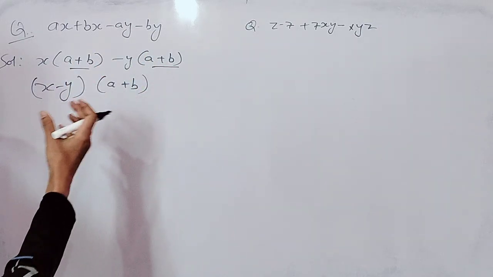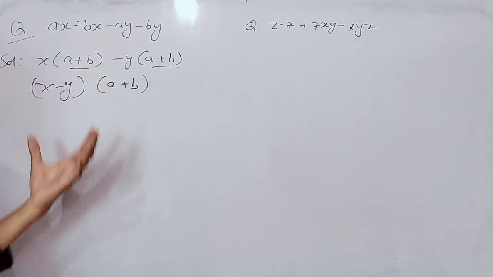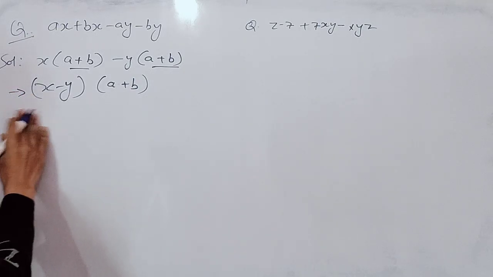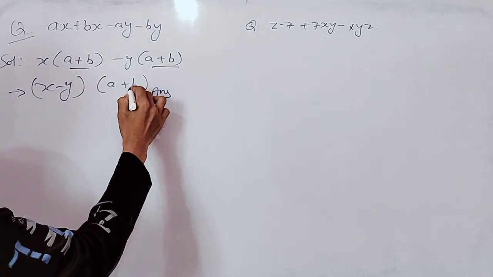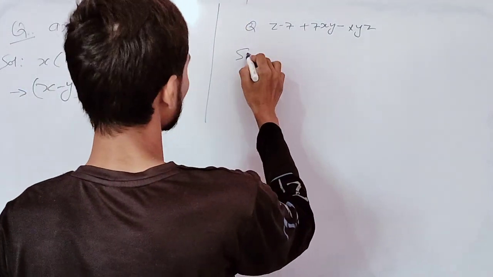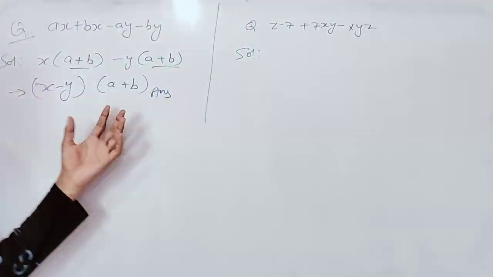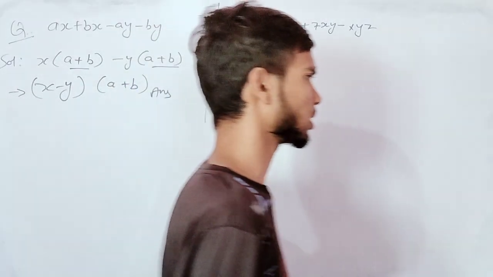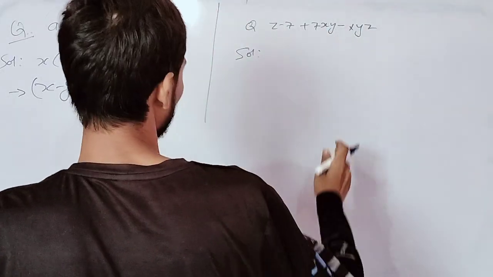That's why one time it is written because both are same. That's why till here this is answer. Clear? Now in this case, that's it. It is not difficult. It is not that difficult than you think.